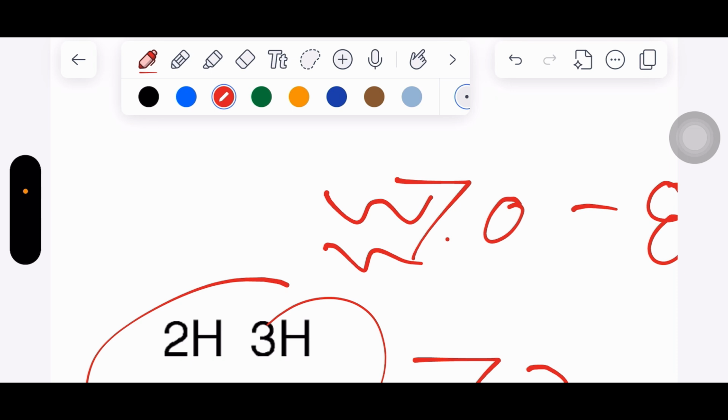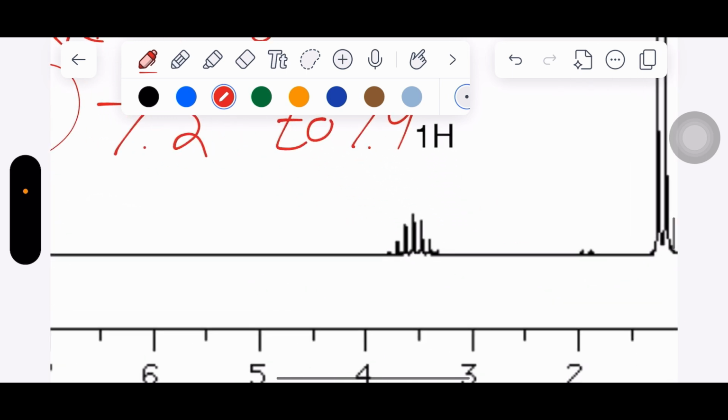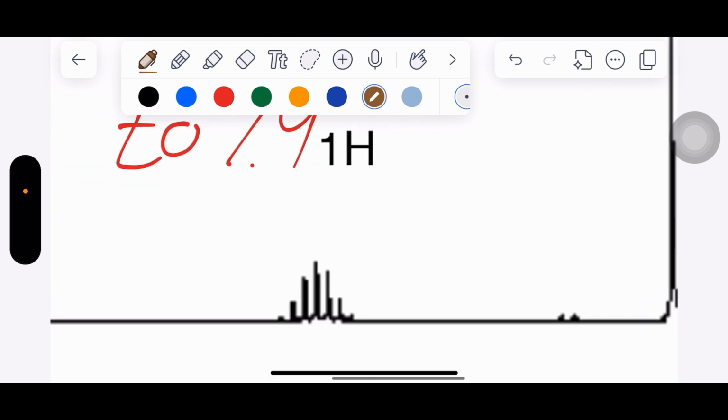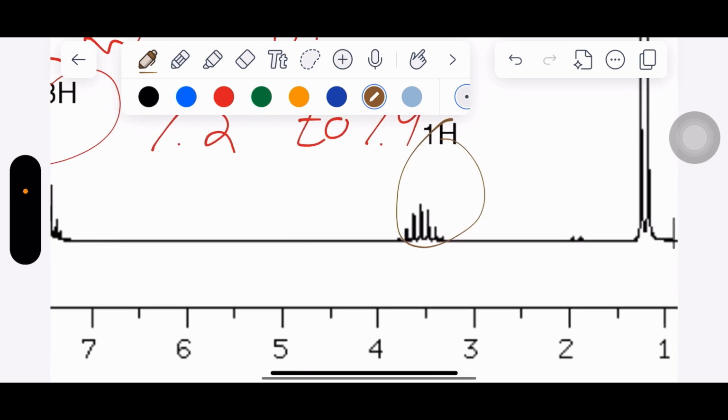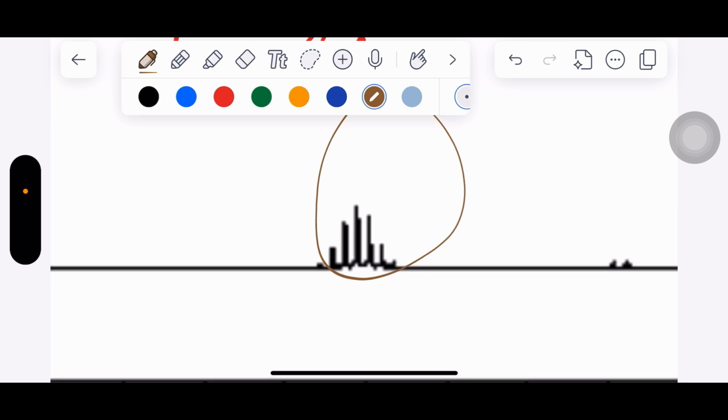Second would have to be the methine proton, CH, 1H. Should be this one. Let me change colors real quick so I can show you. It would be this one. And this one, it's attached to a carbon next to the carbonyl and the 2 methyl groups.